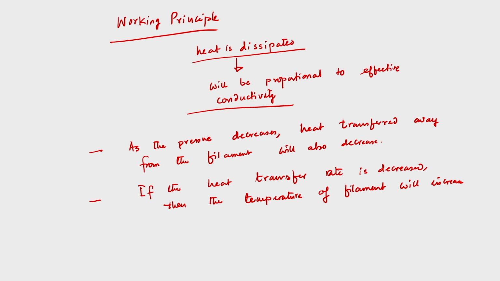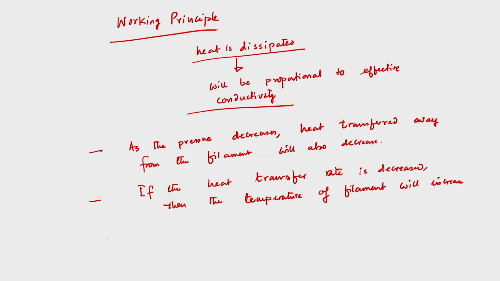So, that means if I allow current to pass through the filament, there will be electrical work that will be converted to heat and dissipated. The dissipated heat will be proportional to the effective conductivity, and the moment heat dissipation starts, the heat will be transferred away from the filament and taken by the gas.